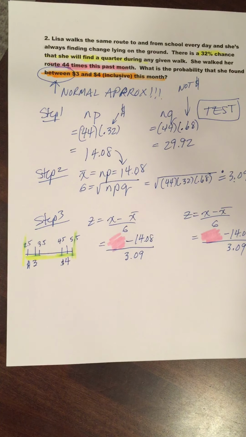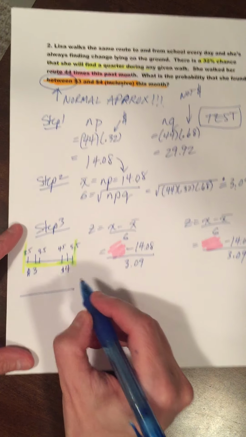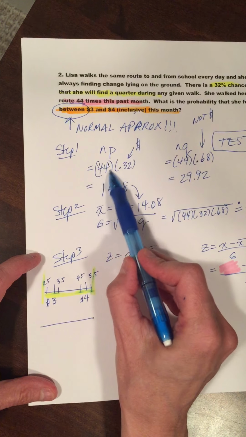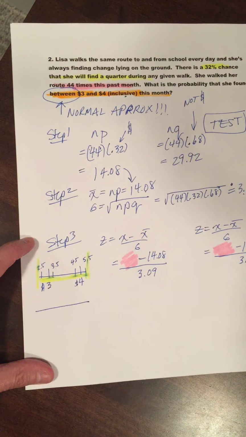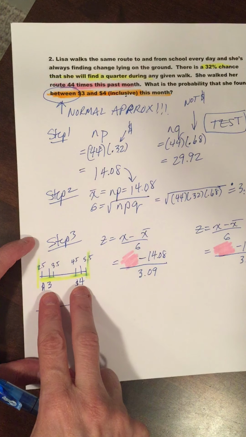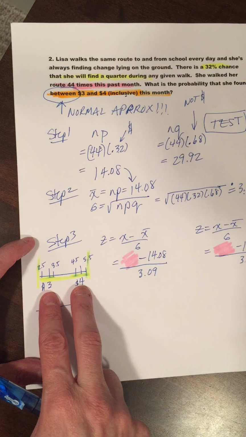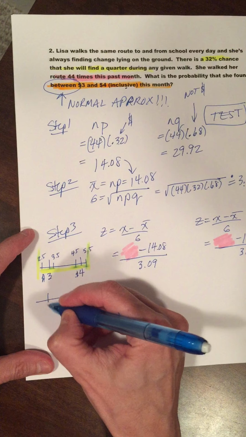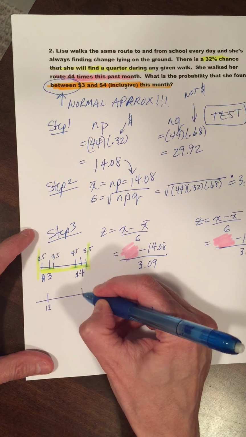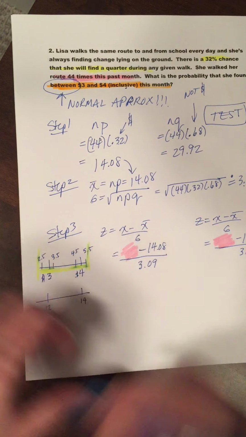Well, let me think about something here. The average is 44 coins times the probability of finding. So that n actually represents the number of coins. But these two values represent the amount of money. So what if I chose 12? And what if I chose 14?